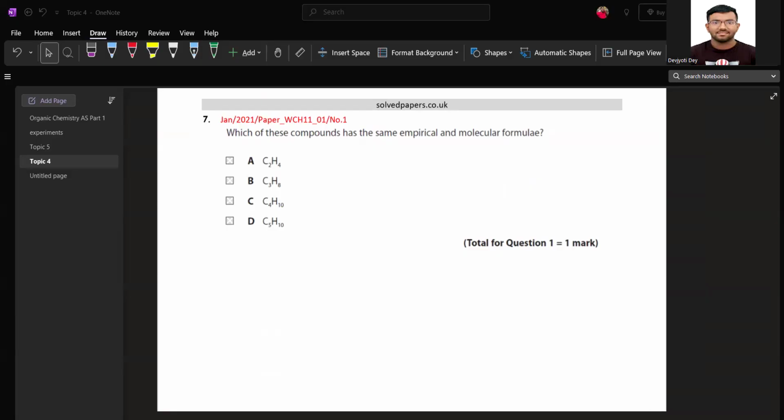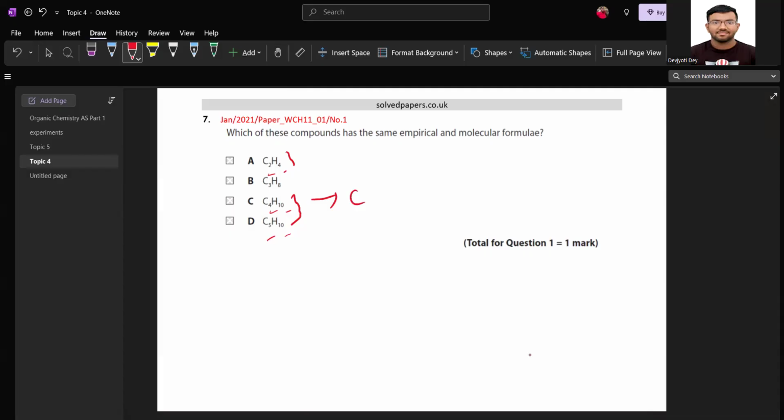All right, check this question. It's from January 21 to be exact. They said here, which of these compounds have the same empirical and molecular formula? I believe it's very simple. If you check out C, D, and A, all of them are even numbers, right? And they're basically simplifiable. For instance, for C4H10, both of the numbers are simplifiable by 2.